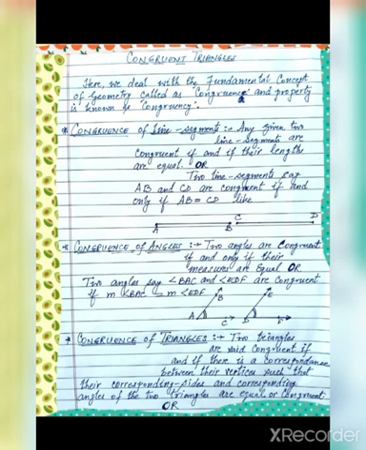Now, what does it actually mean? Congruence of line segments means any two given line segments are said to be congruent if their lengths are equal, or two line segments, say AB and CD, I have drawn for you here. AB and CD are congruent if and only if AB equals CD.